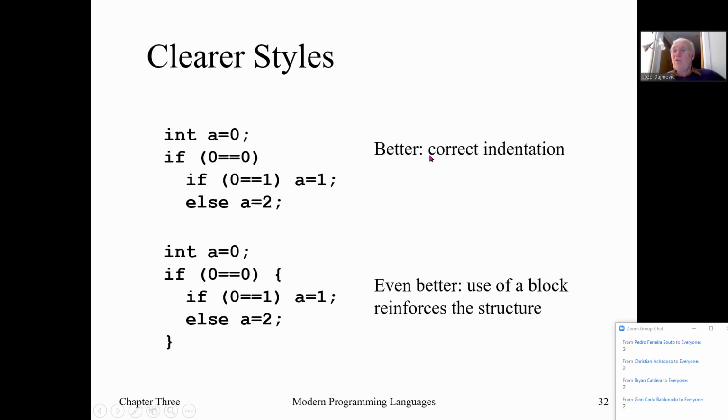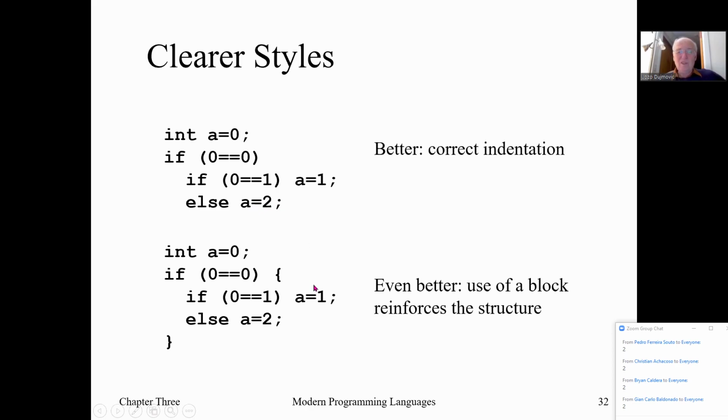First, you have to put correct indentation. Okay, we agree with that. So what he said: put integer a is 0. If 0 is 0, then if 0 is 1, put 1, otherwise put 2. So since 0 is not equal to 1, you will have a is 2, and 2 is the result.